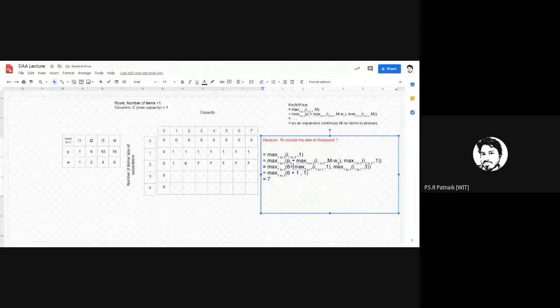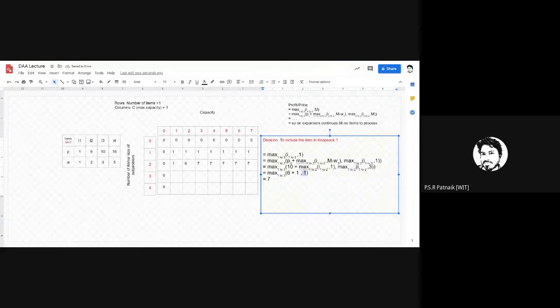Okay. So likewise, what is profit P3? What is the profit associated with 3 here? 10. So 10 plus max of 1, 2. I'm just modifying the subscripts. Later on, we'll move it to the actual values.